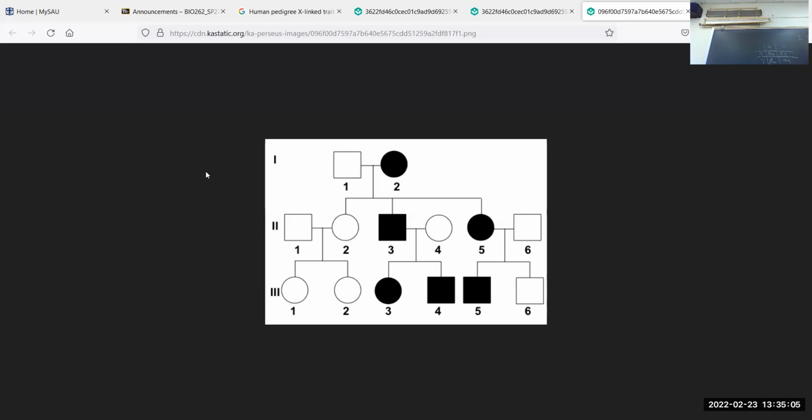And therefore, this person is probably this, and this person is probably this. Good. Okay. So then we have this person with number 4, and then this person with number 6. Okay. And then we get 2 folks here. And then we have the 3rd generation here.